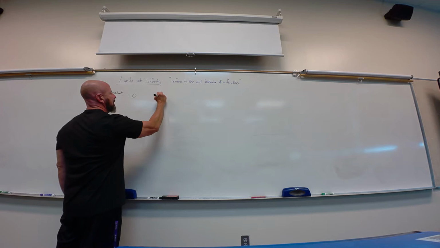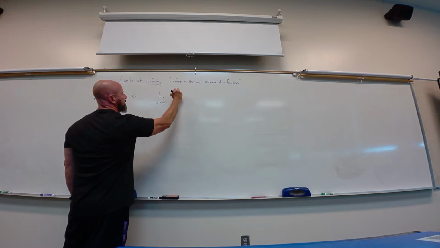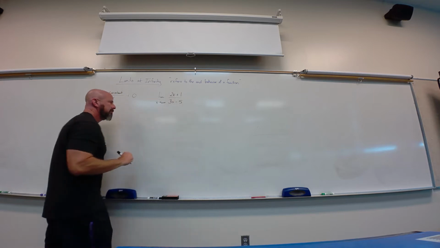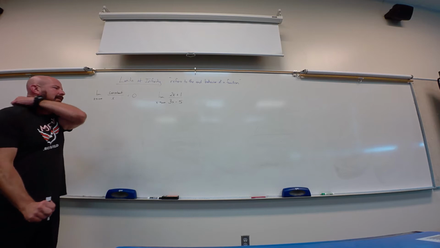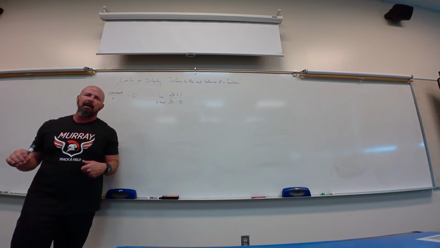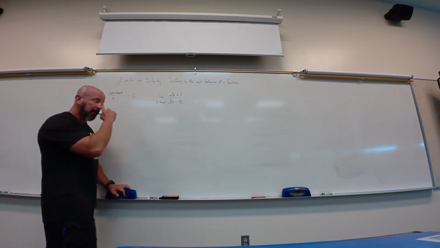Let's take a look at the limit as x approaches infinity of 2x plus 1 over 3x minus 5. Okay. So definitely look at one where I don't have just a constant there and a variable on the bottom. Now I'm stuck with a variable in the numerator and denominator, and that's okay.